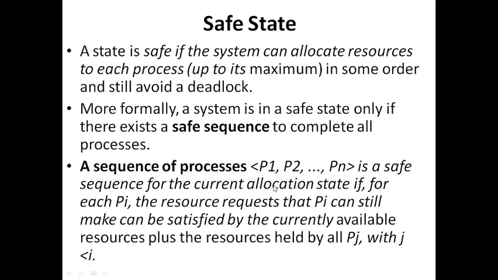A sequence of processes is a safe sequence for the current allocation state if for each Pi, the resource request that Pi can still make can be satisfied by the currently available resources plus the resources held by all Pj, that is, those processes which are going to be completed and their resources will be returned back to the OS, so they can also be considered as available resources.